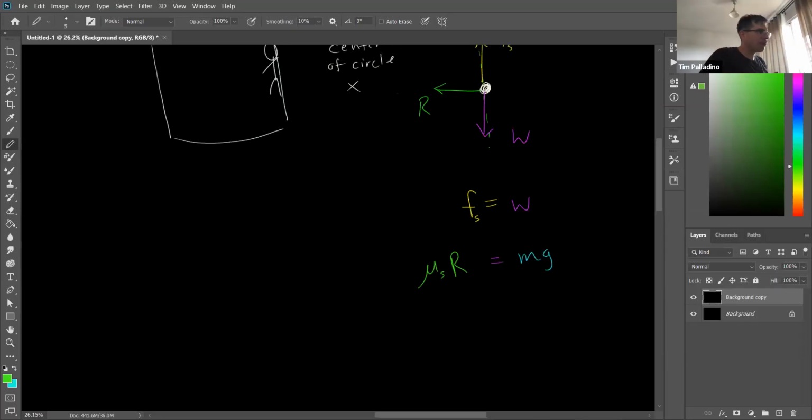So what we're looking for in that answer is revolutions per minute. What that means is we want to know the change in theta per change in time. This is our omega. So what we need to do is find a minimum number of rotations per second.